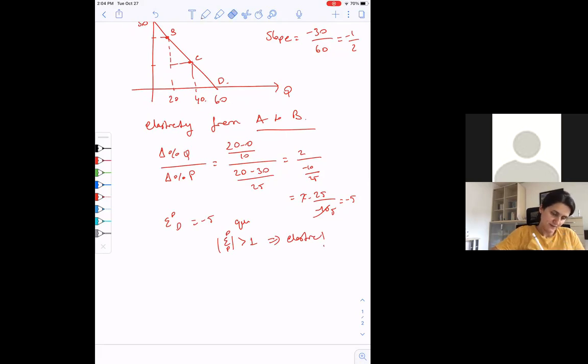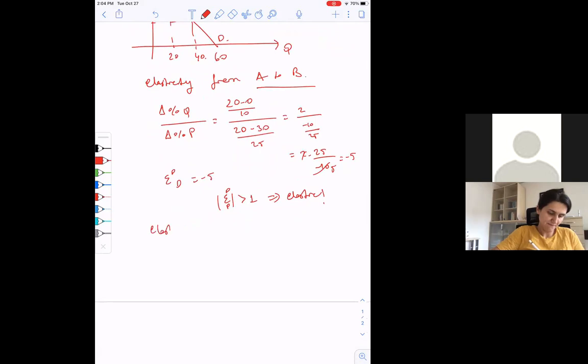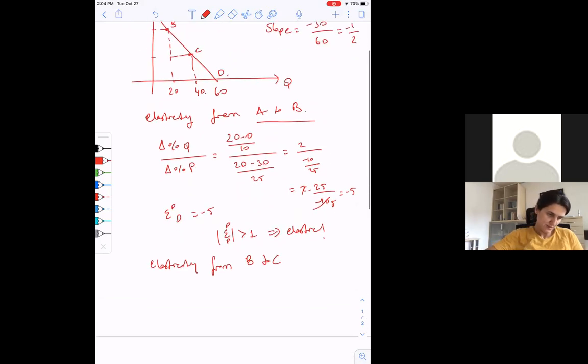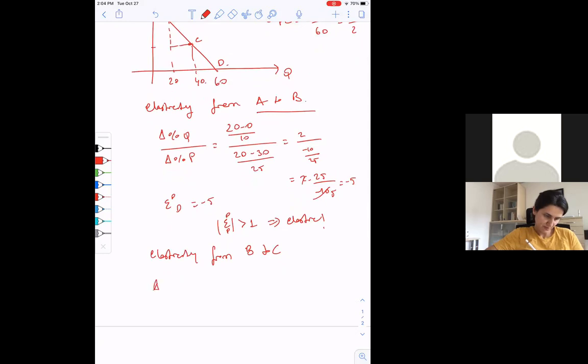So let's calculate elasticity from B to C. Again, percentage change in Q divided by percentage change in P. This is 40 minus 20, midpoint of these is 30.